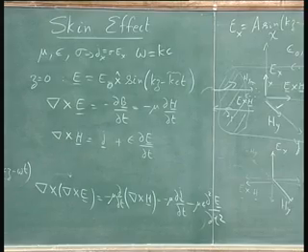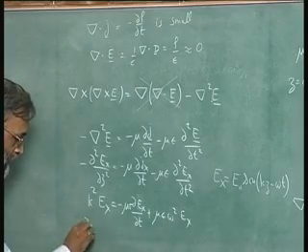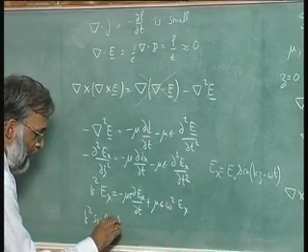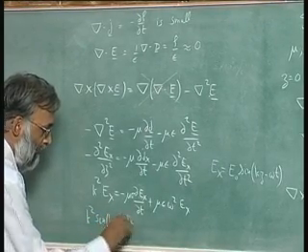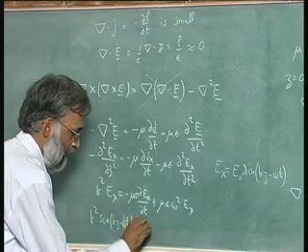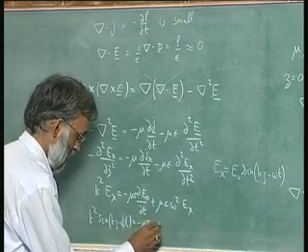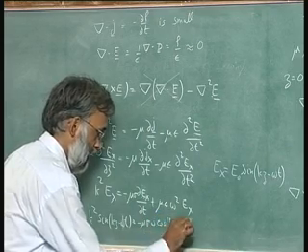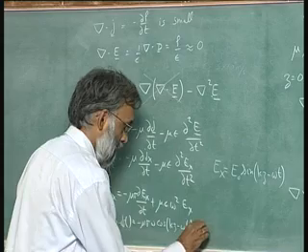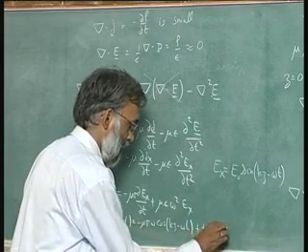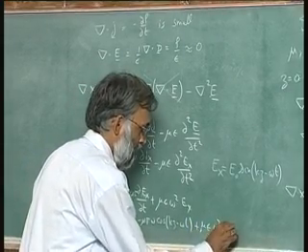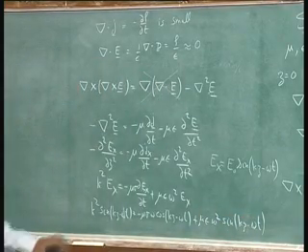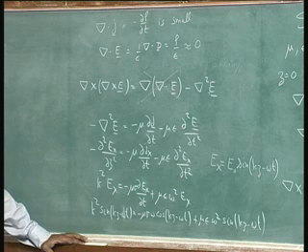So I will actually end up with k squared sin(kz minus omega t) is equal to minus mu sigma omega cos(kz minus omega t) plus mu epsilon omega squared sin(kz minus omega t), which is very difficult really to make sense of.